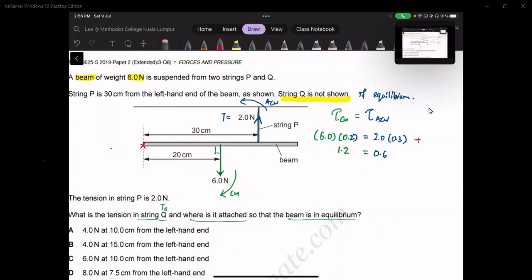So I need to add the torque due to string Q here. Because the 6 Newton can give 1.2 Newton meter, but the 2 Newton only gives 0.6. So 2 Newton is not enough. So the torque of Q is 0.6. That's what I know so far.